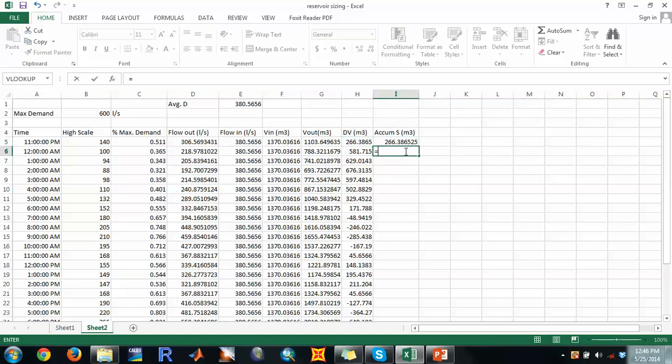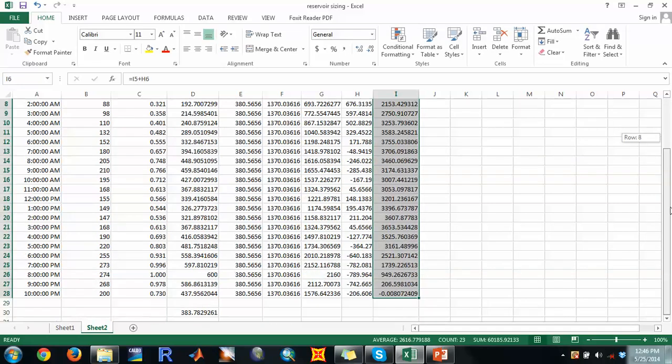Then when you come to time 12, the current storage in your reservoir will be the previously existing storage plus the additional storage created from 11 to 12. With that perspective, you can calculate for all the data you have. And if you see here, we nearly reached the 0 point.